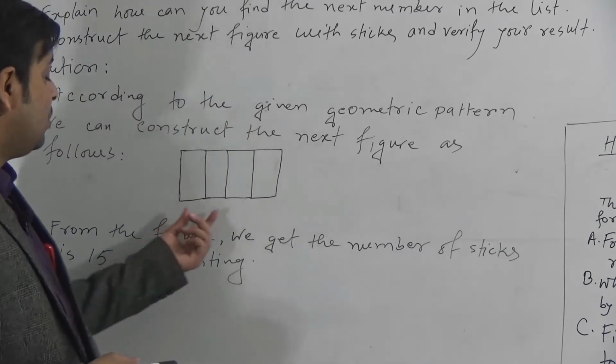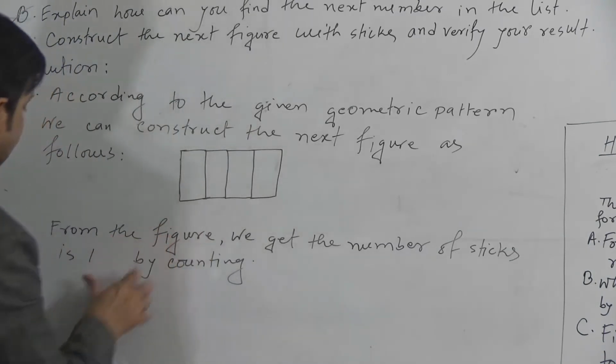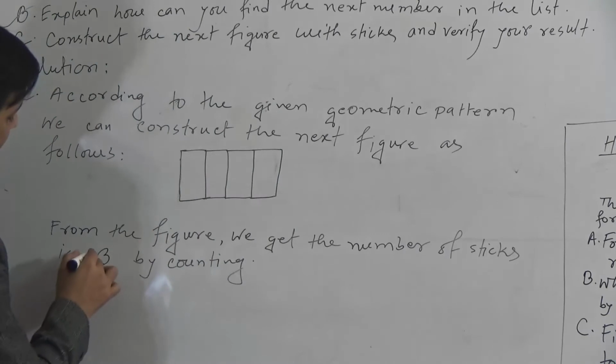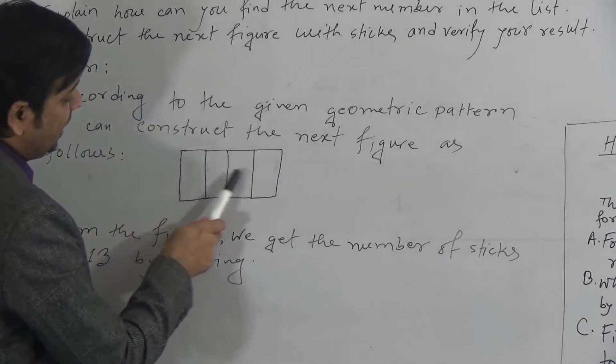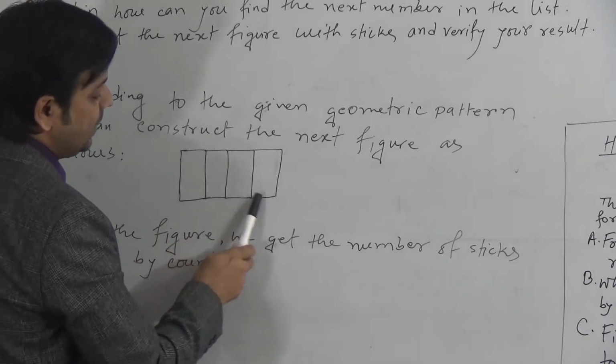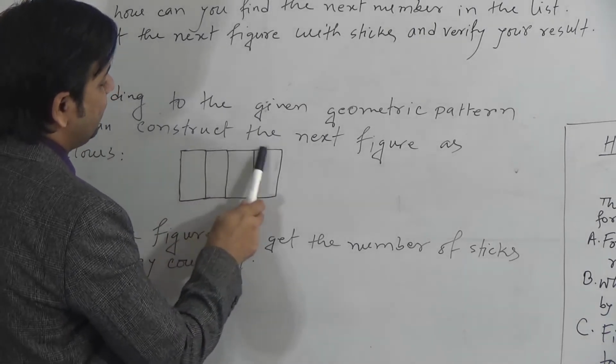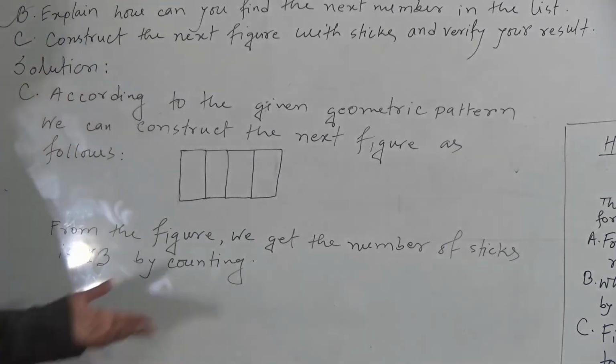Okay, if we count here, we will get 13 here, not 15. If we count here, we will get 13 sticks. We will get the 13 sticks.